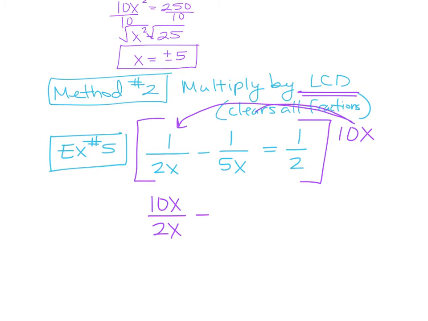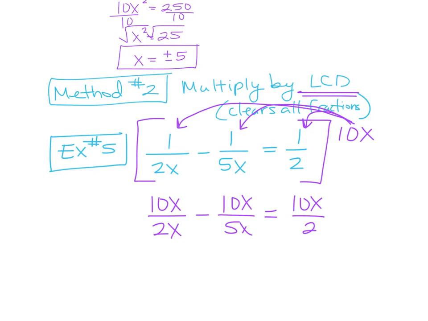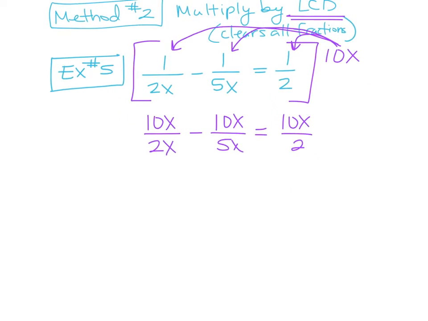Minus, now multiply this one. What would I get? 10x over 5x. And that equals, what would I get here? 10x over 2. Okay, so now we can do a whole lot of simplifying of these fractions. 10x over 2x is what? 5, right?